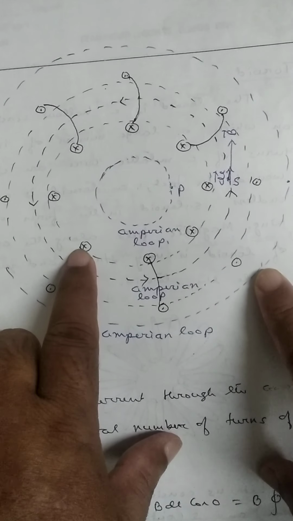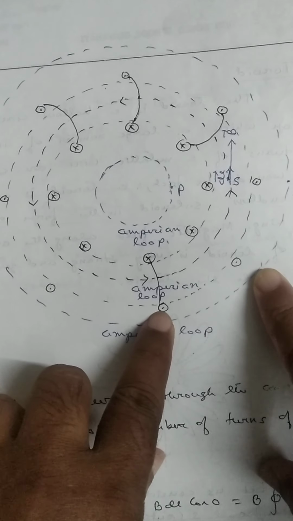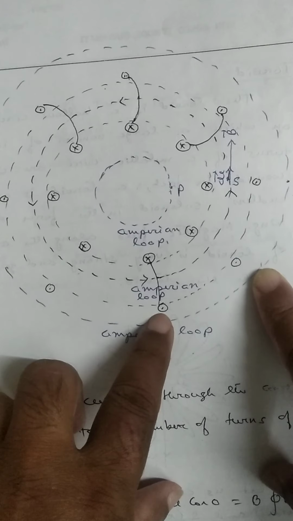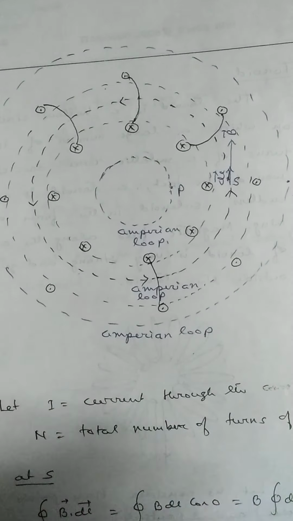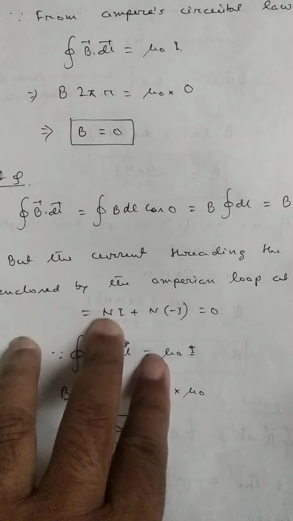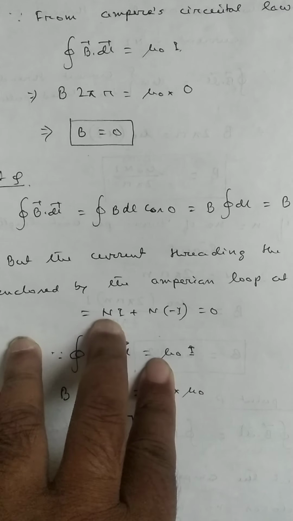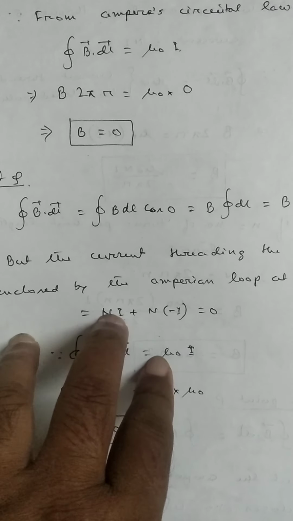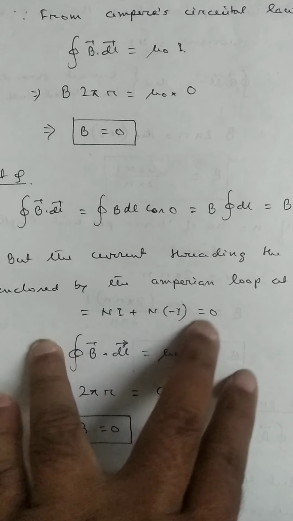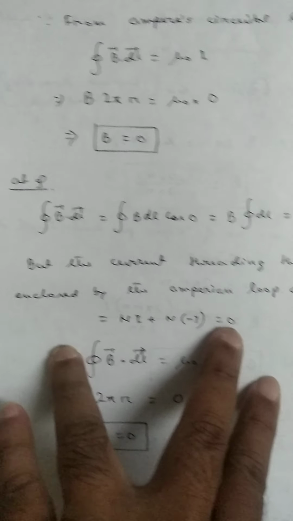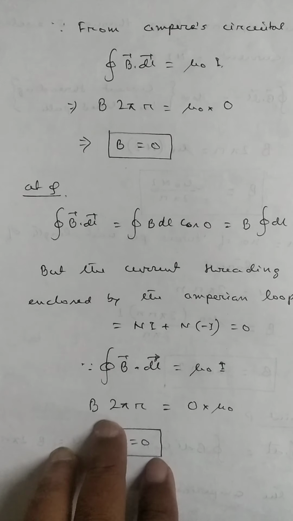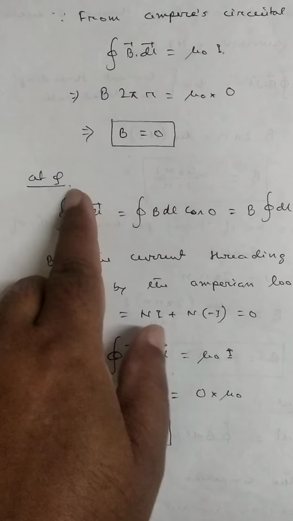That means if n number of wires are here, through these n wires current enters the plane of paper and through these n wires current is out of the plane of paper. So what is the total current inside the Amperian loop? It is Ni plus N minus I. Therefore the total current inside the Amperian loop is 0. For the Amperian loop passing through the point Q, therefore B is 0 at the point Q.